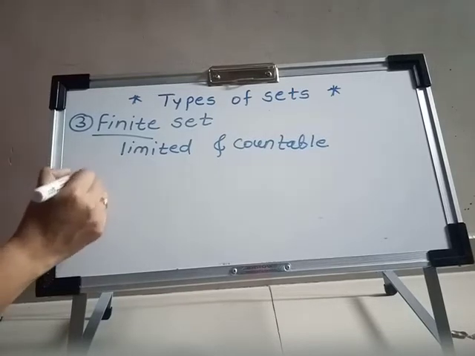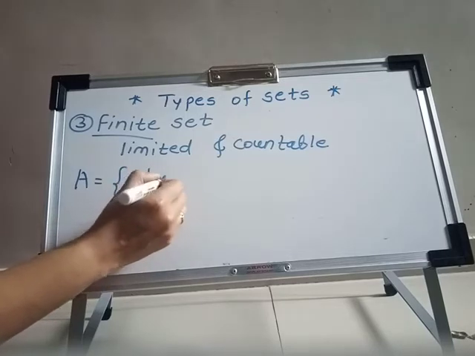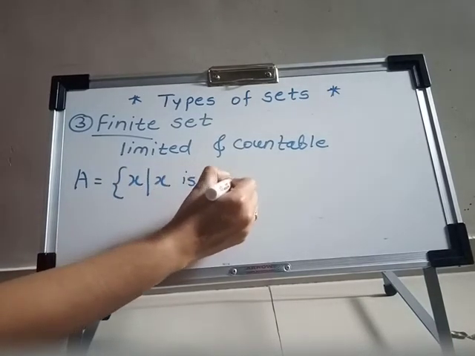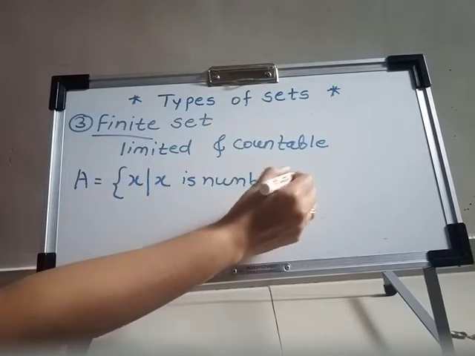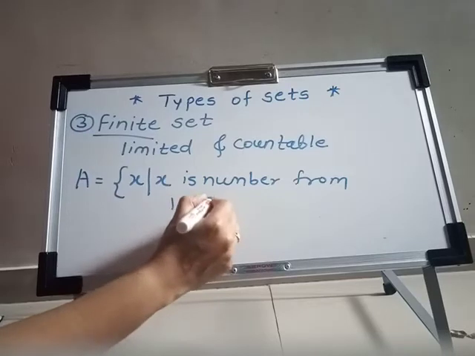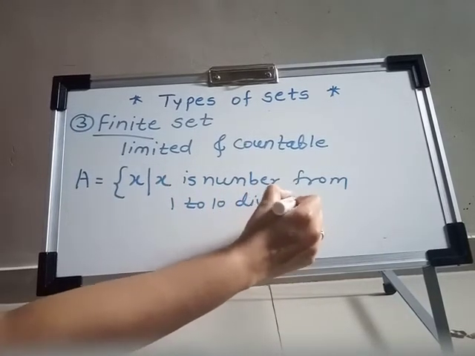For example, A is the set of x, where x is a number from 1 to 10 divisible by 2.